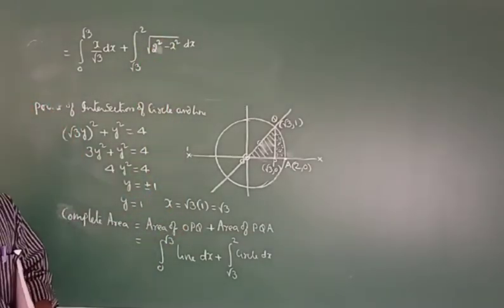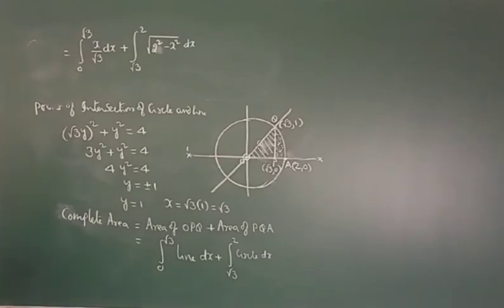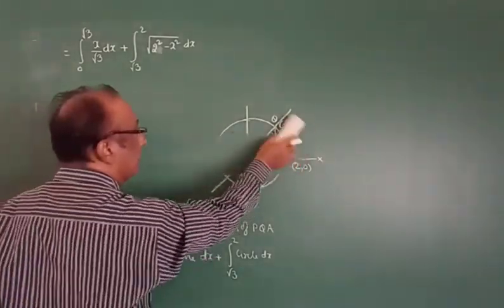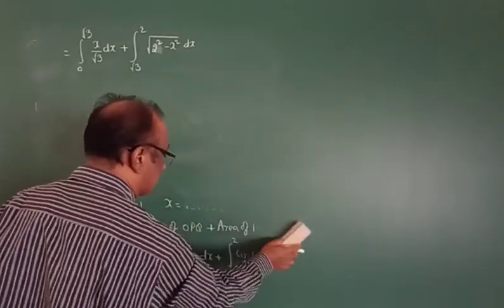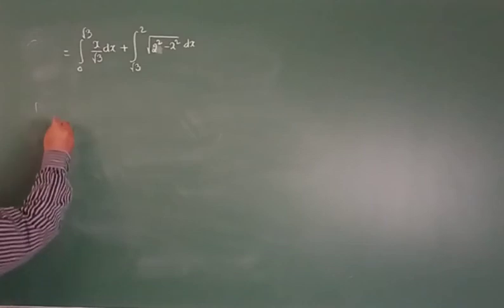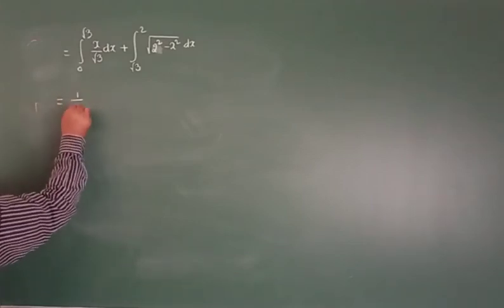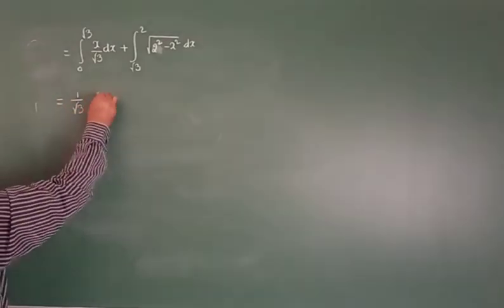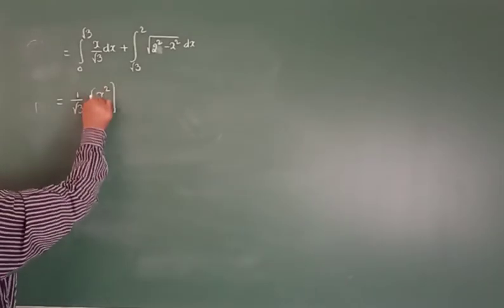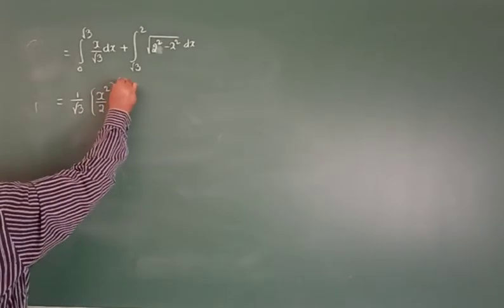Write down the formulas and simplify, get the answer. Fast. 1 by root 3 is common. X indefinite integration is x square by 2. Limits are 0 to root 3.